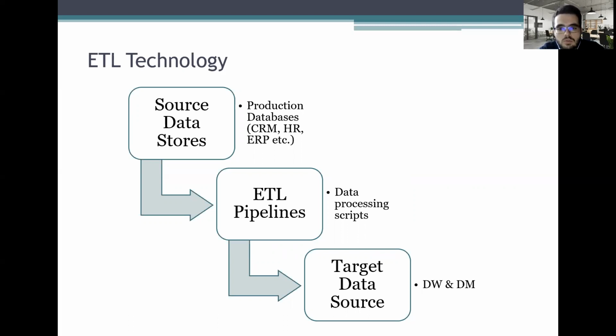And it uses special data processing scripts, which are also sorts of software programs that apply some special data summarization algorithms to raw data volumes in order to be capable of storing this data into target data sources, which are data warehouses and data marts.